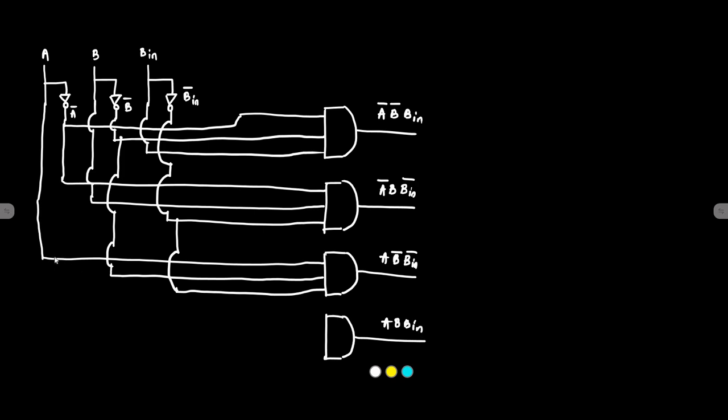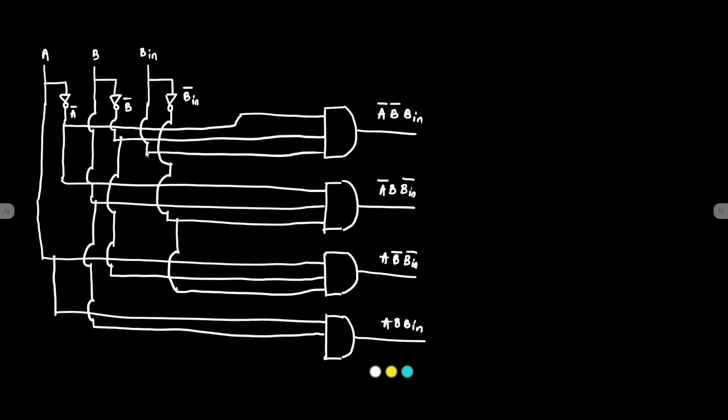So we'll take A, then we'll take B, and then we'll take B in. So we have A bar, B bar, B in, A bar, B, B in bar, A, B bar, B in bar, A, B, B in.